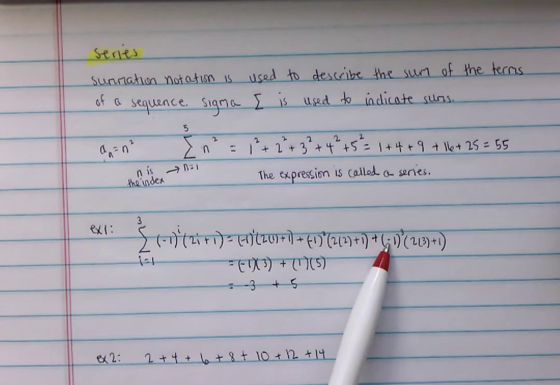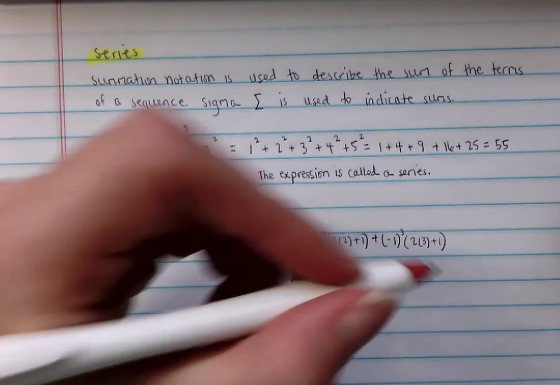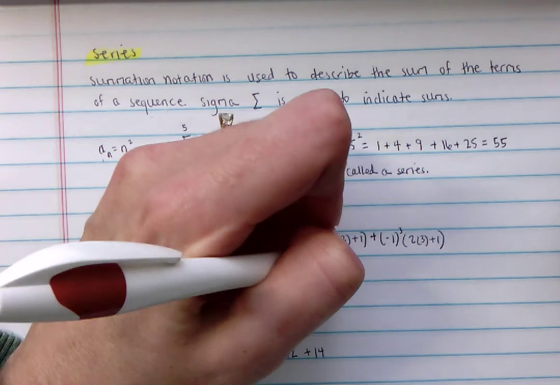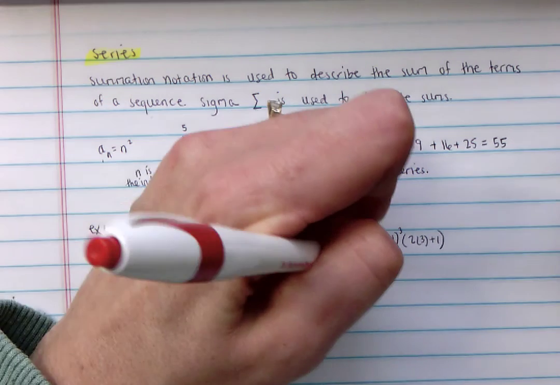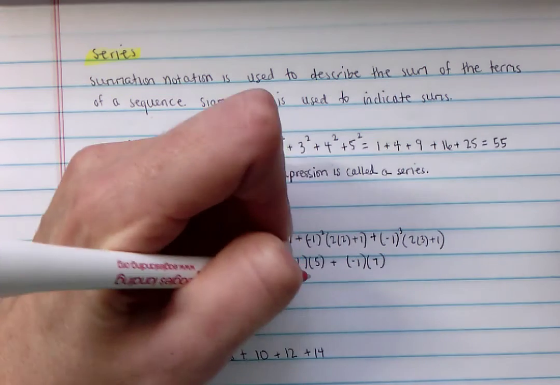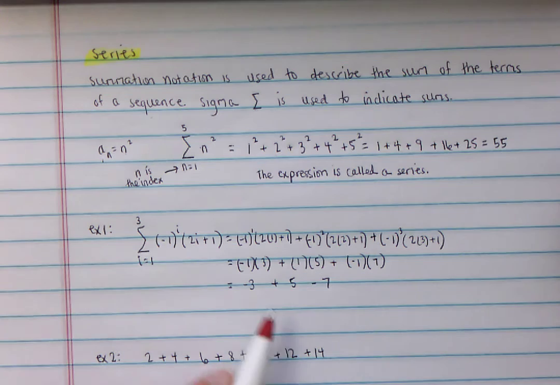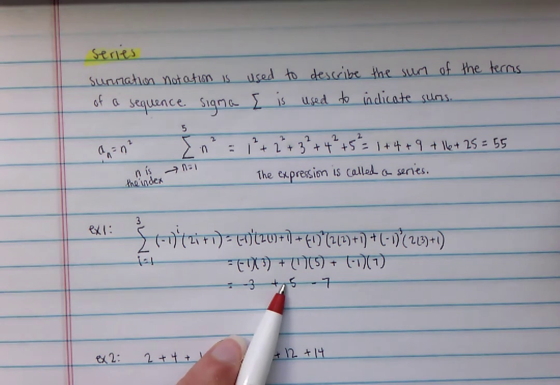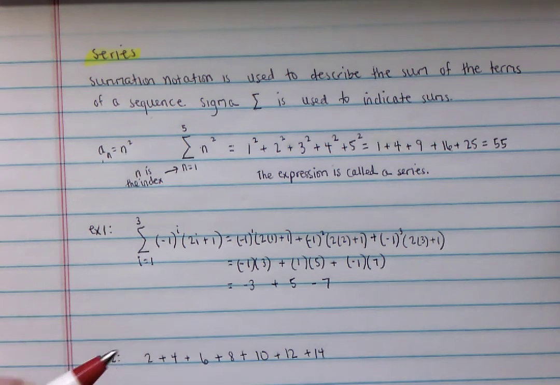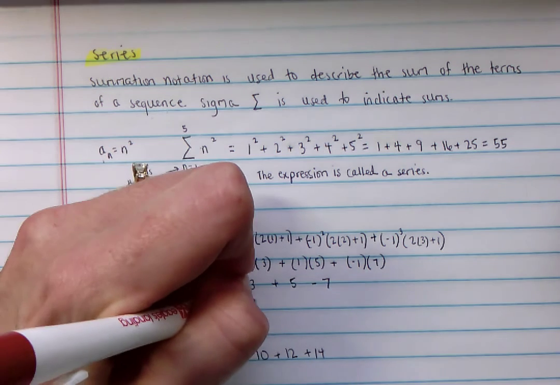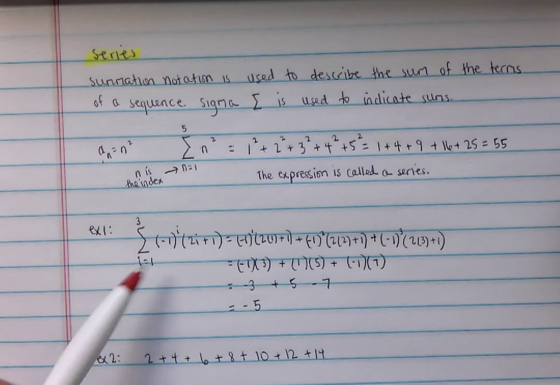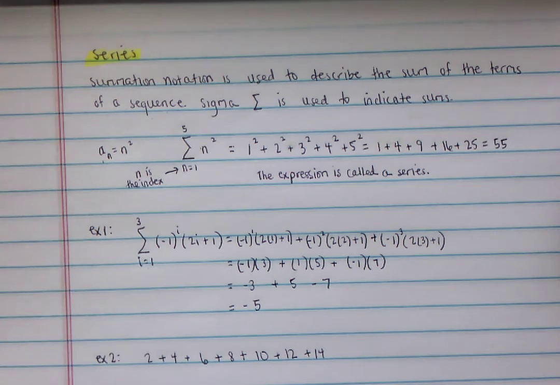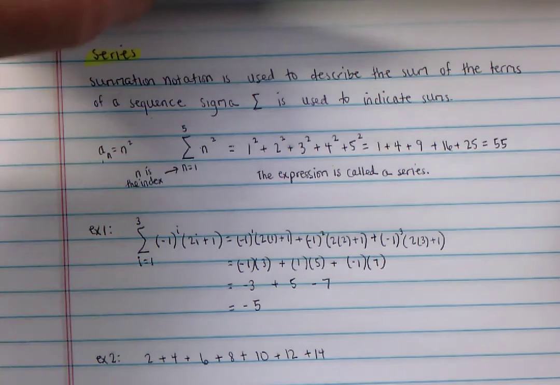And then the last one, negative 1 to the odd power, or third power, that's going to be another negative 1. 2 times 3 is 6, plus 1 is 7. So this will be a minus 7. So negative 3 plus 5 minus 7. And that is negative 5 altogether. So that's all. You just find the value of the expression. You start at this number down here, and you end with the number on the top.